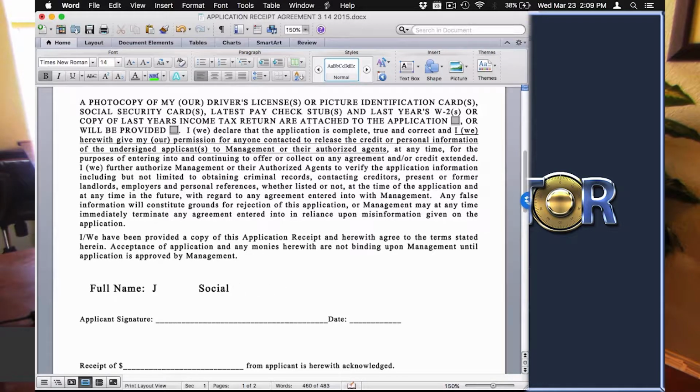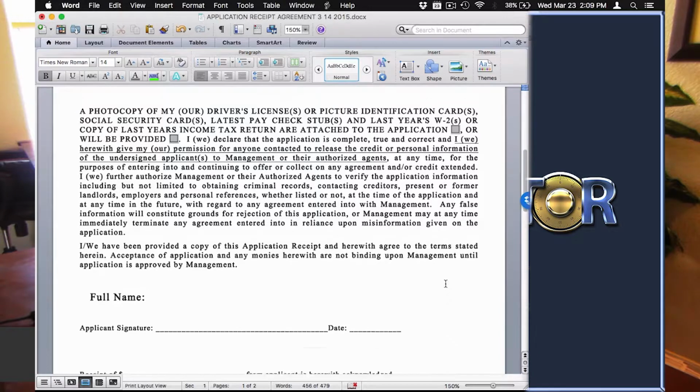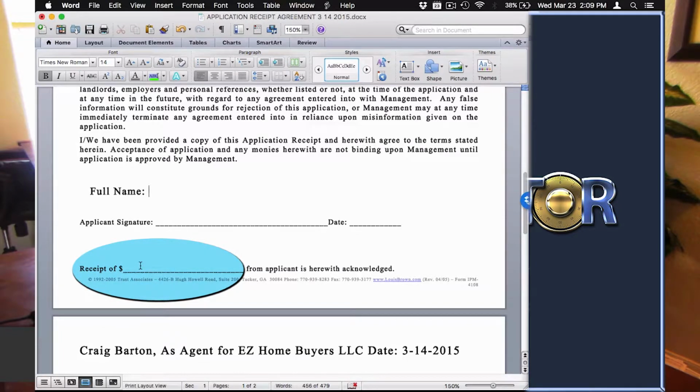A lot of times I find in this day and age, people are not comfortable with their social security number. So we will put their full name in, and then when we meet with them, we will write in the exact amount we got right here with the receipt, and we typically will make a copy for them right there if we're near a copier, or we'll let them know that we're going to email them a copy later.